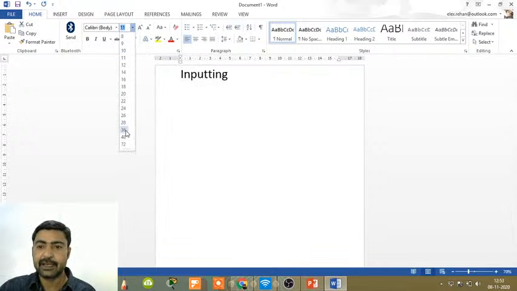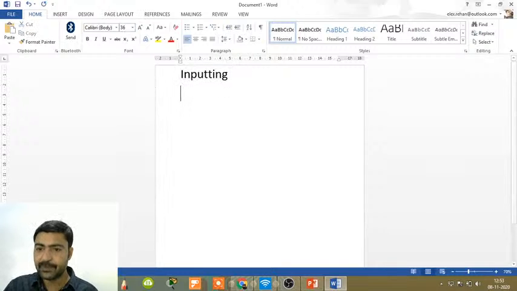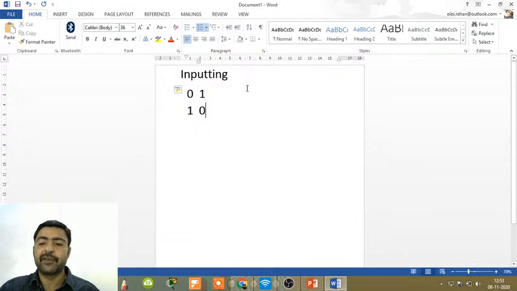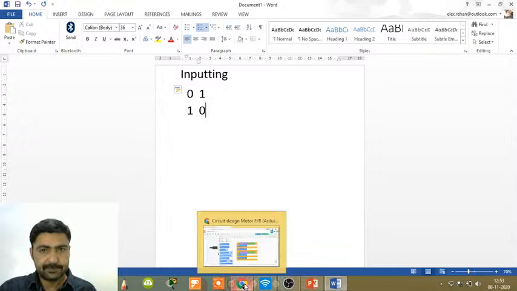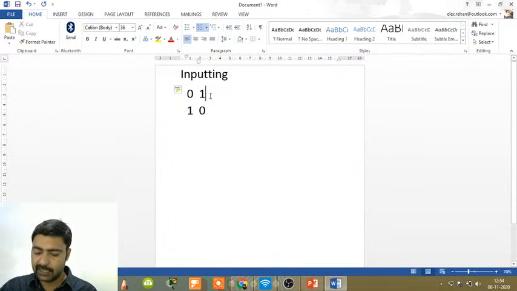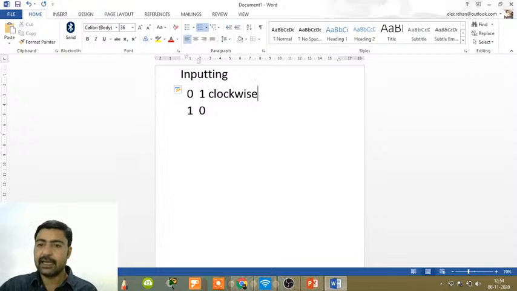So these are the two conditions which we are feeding with the help of our switches, 0 1 or 1 0. So motor, let's say in 0 1 it is moving clockwise, and in the other condition, let's say the motor is moving counterclockwise, or it may be different.